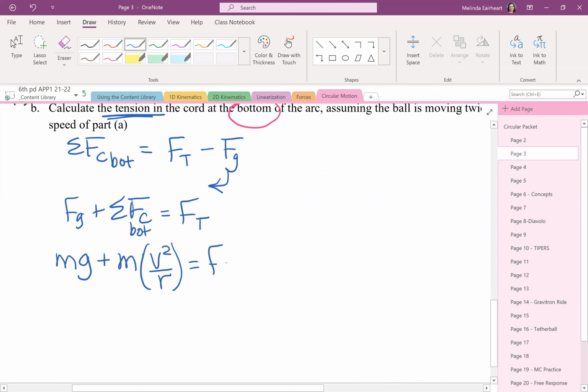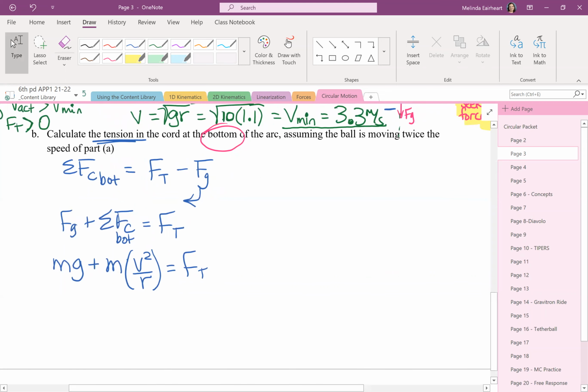So I did just skip a step. Is everyone okay with that? F net equals mac, and ac is v squared over r. So now, to solve for tension, we know the mass, we know the gravity, we know the r. But wait, the velocity, is the velocity at the bottom still the minimum? I guess I should finish reading the problem.